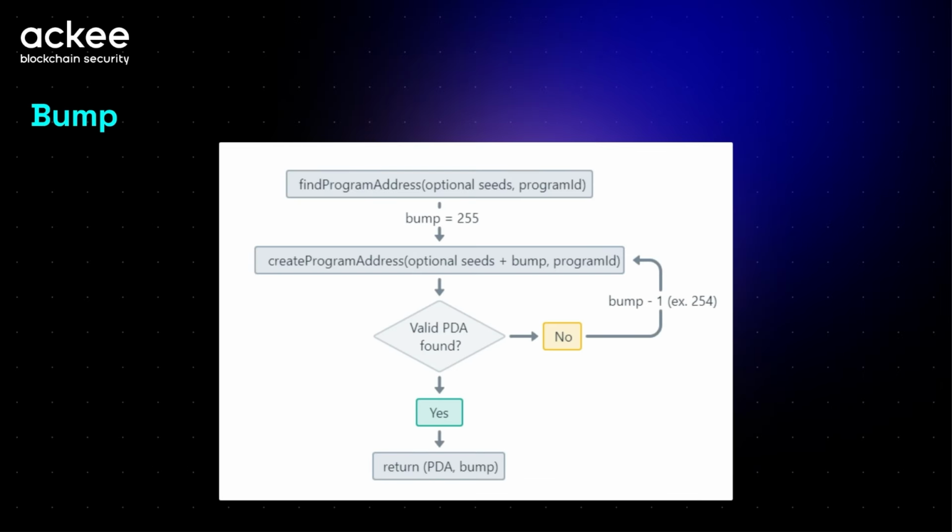Okay, and you may ask, what is actually the process of creating the PDAs? So it firstly starts with the find program address. You have the optional seeds and you have the program ID.